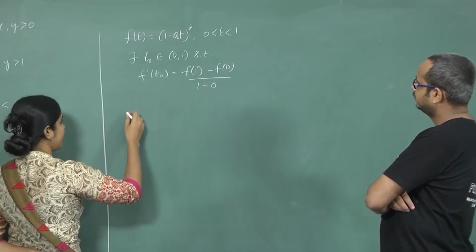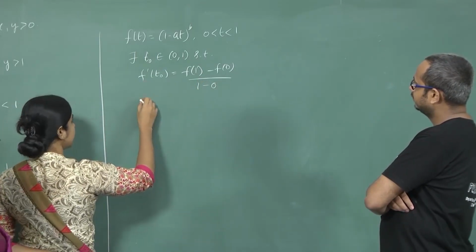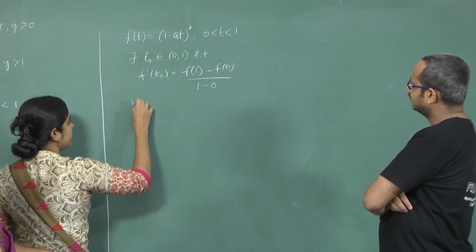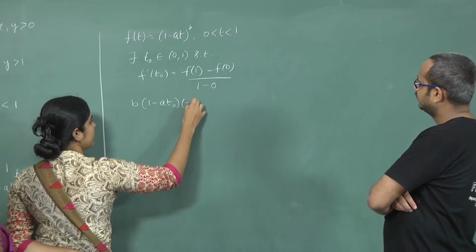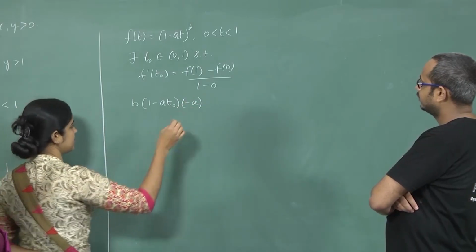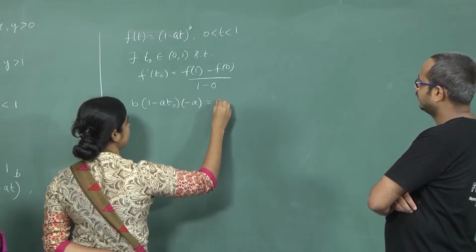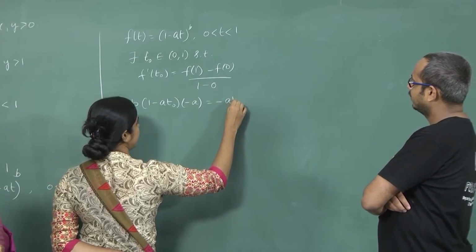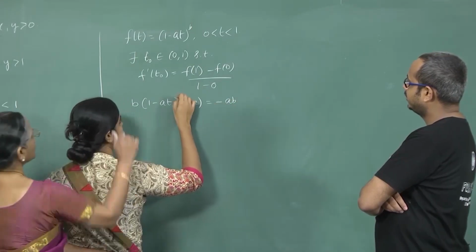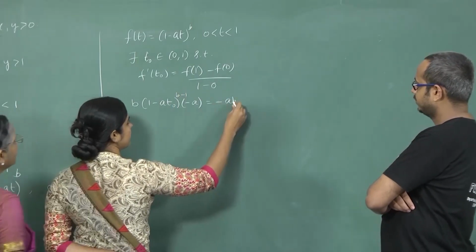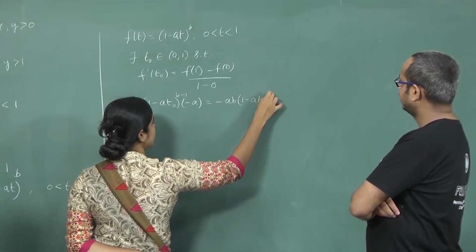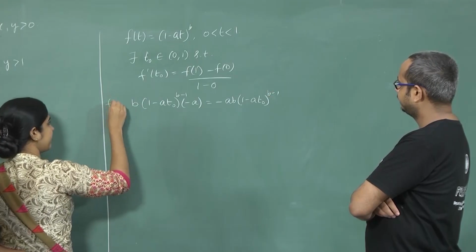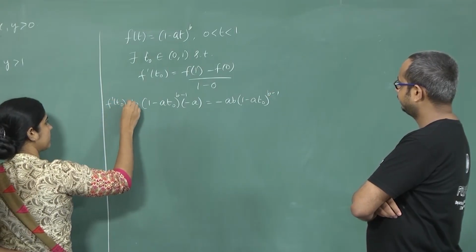So f dash of t naught will be b into 1 minus a t naught to the power of b minus 1, into minus a. This is nothing but minus ab into 1 minus a t naught to the power of b minus 1. This is my f dash of t naught.